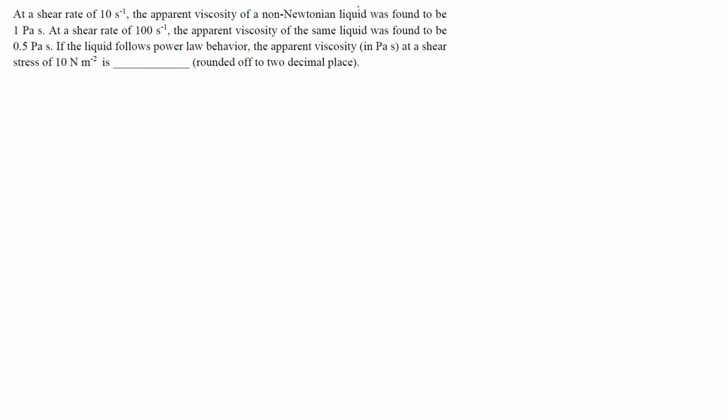So over here we have been given a non-Newtonian fluid for which the equation correlating the shear stress and the shear rate, we can write using the power law model. According to this power law model, the shear stress, that is tau, will be equal to apparent viscosity times strain rate, dvx upon dvy.